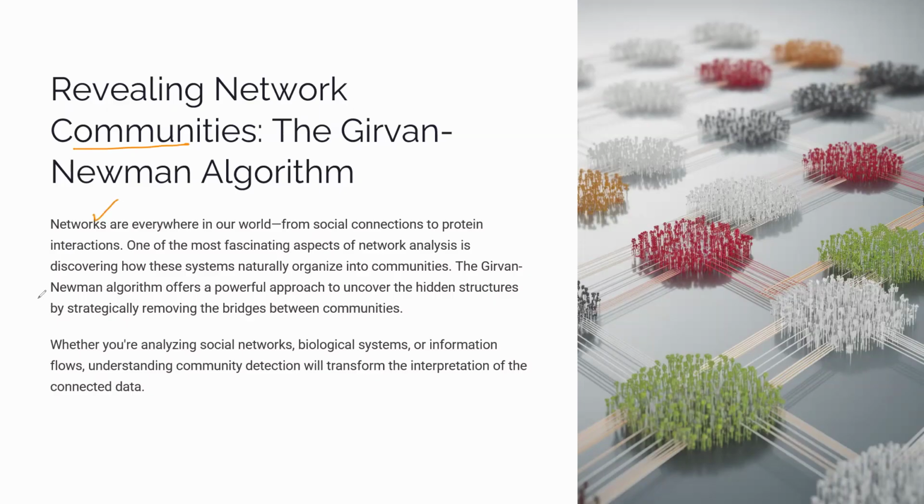If you talk about networks, networks are everywhere, whether it is social connections, protein interactions, or epidemic disease related study, that is epidemiology. Everywhere we have networks, and within the networks we need to try and identify subgroups. These subgroups are nothing but our communities. And Girvan-Newman is a very popular, powerful approach. And there are other community detection algorithms as well.